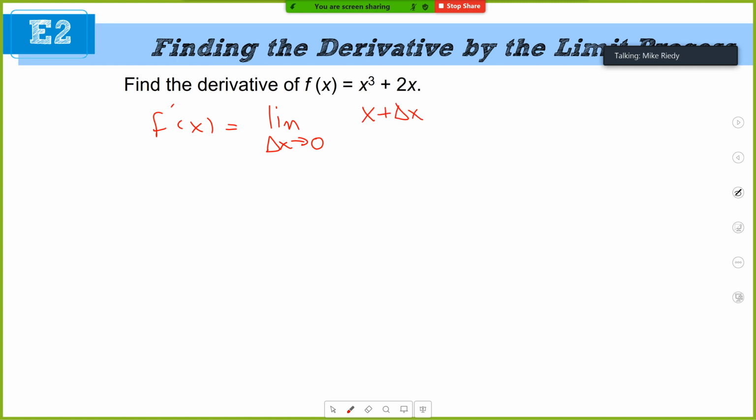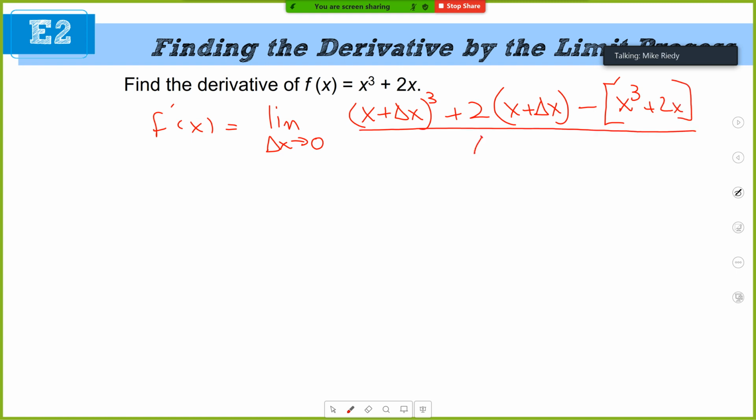The limit as delta x approaches 0 of (x plus delta x) quantity cubed plus 2 times (x plus delta x) minus (x cubed plus 2x), all over delta x. Without going any further, you see how much fun, that was sarcasm, this would be.